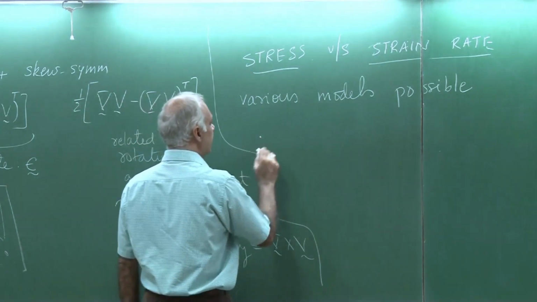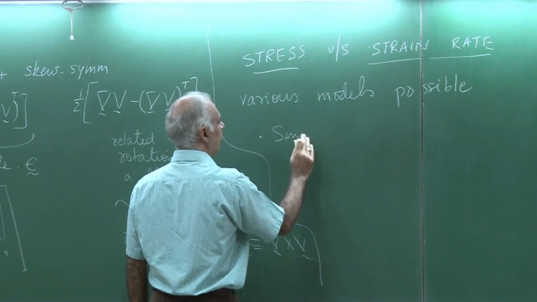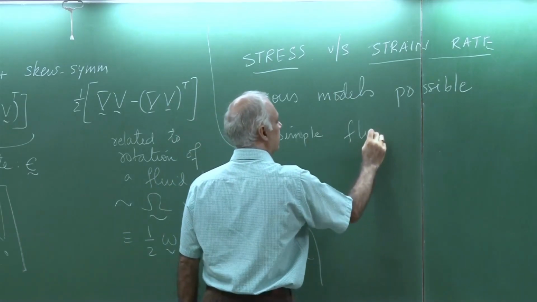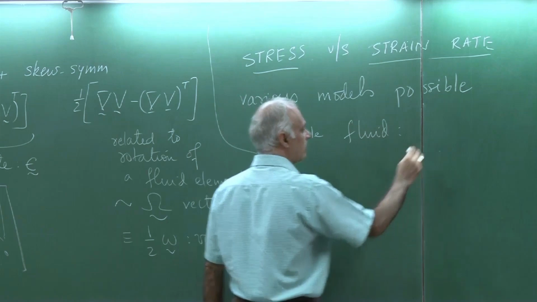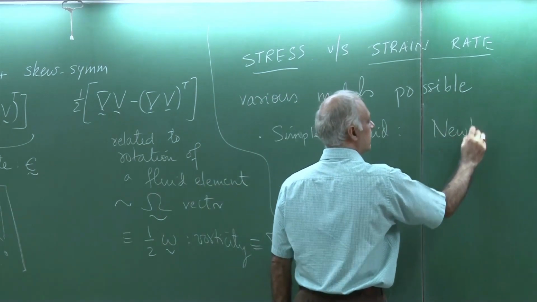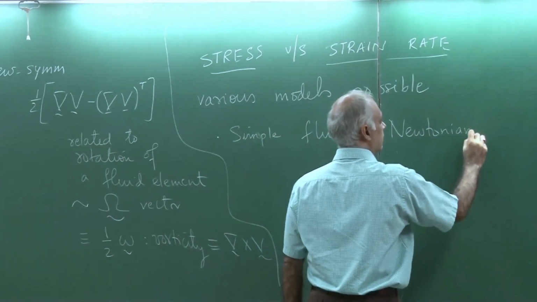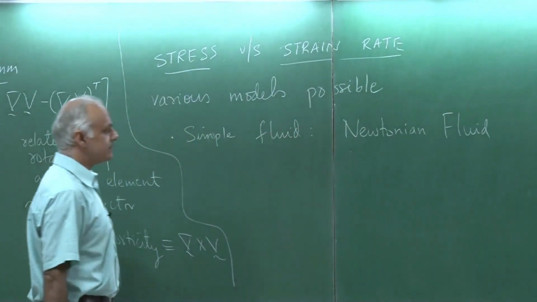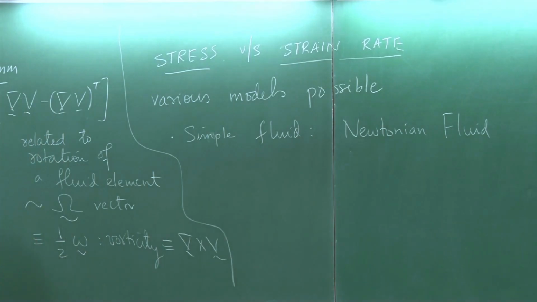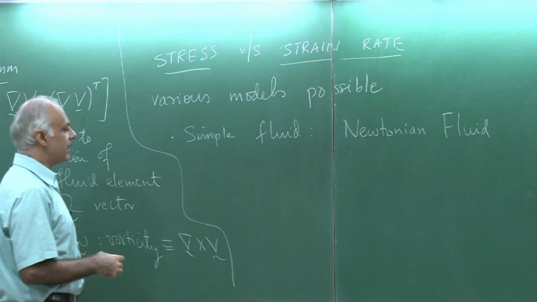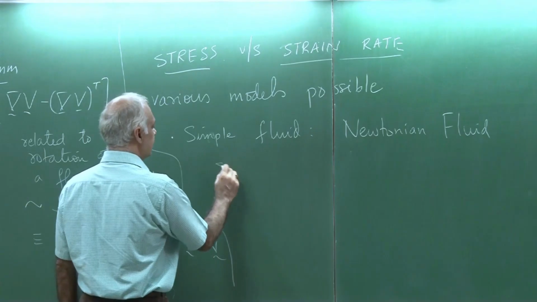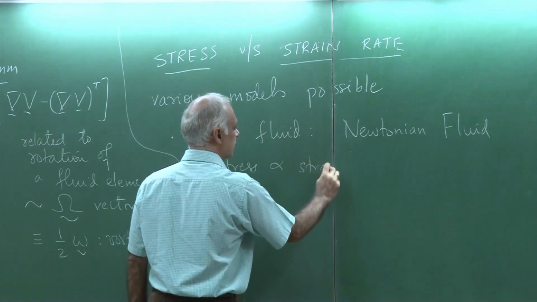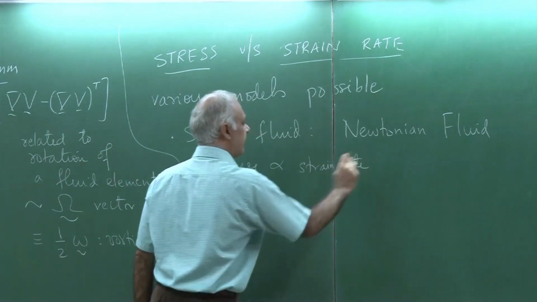So we are going to look at a simple fluid. And a model of that is a Newtonian fluid. Okay? You could have many kinds of fluid, but Newtonian fluid is one simple model. And here the idea is that stress is directly proportional to strain rate.